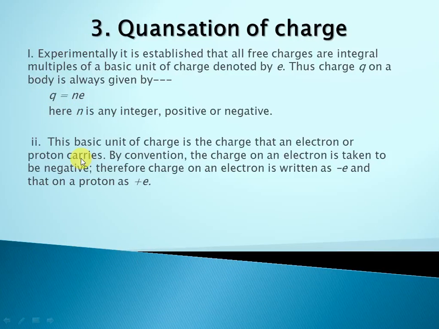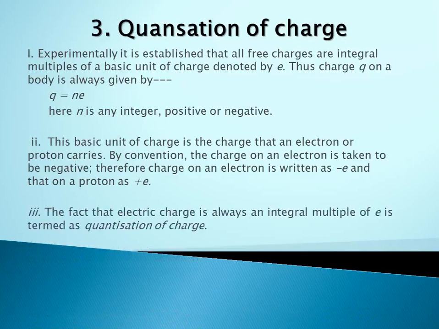The basic unit of charge may be negative or positive; by convention it is taken so. The fact that electric charge is always an integral multiple of e is termed quantization. Quantization means the quantity is obtained by the integer n.